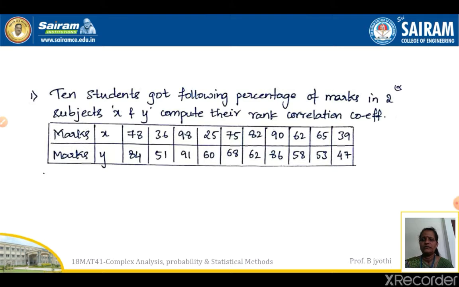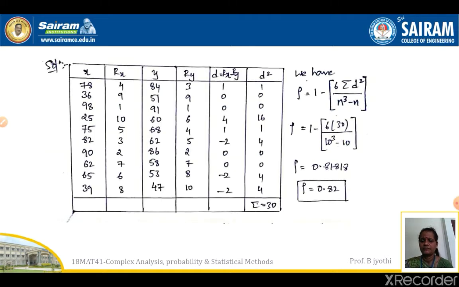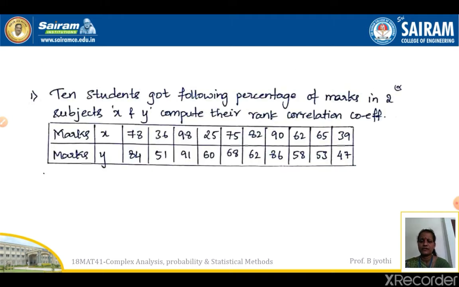Here we can observe what ranks we can give. The highest in the X subject is 98, and for this one, the highest mark is given the first rank. The next highest is 90, next highest is 82, and then 78, and so on.